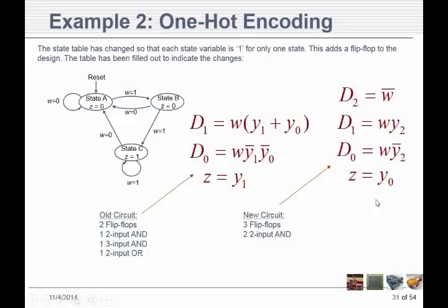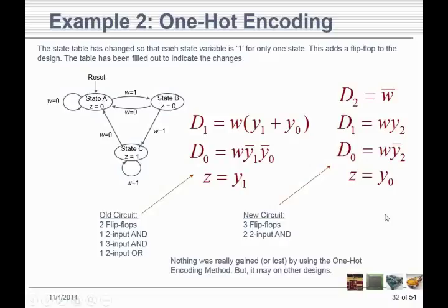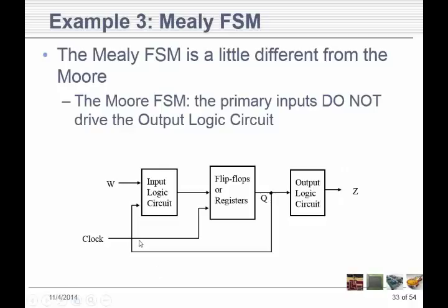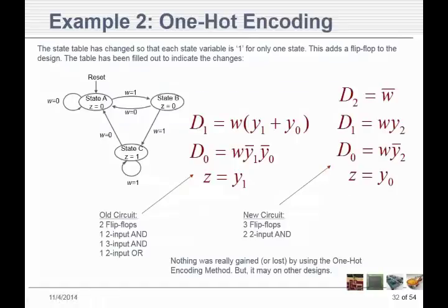So here's my new set of equations. I did not come up with the new circuit, but I think you can understand how to hook it up. You have 3 flip-flops. One has these 2 for the input, one has these 2 for the input, the third one has this, and the output is taken off the output from this flip-flop. And that's our output Z.